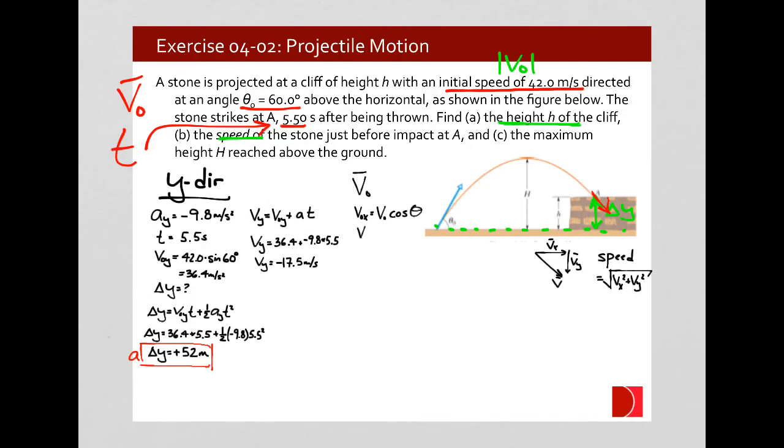In this case, that will be 42 meters per second times the cosine of 60 degrees, meaning we have an x component of our velocity of 21 meters per second. Since this is projectile motion, we have no acceleration in the x direction. The initial horizontal component of the velocity will still be the same at the end, because there'll be no change.